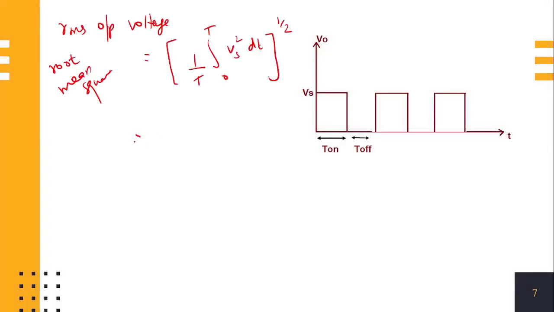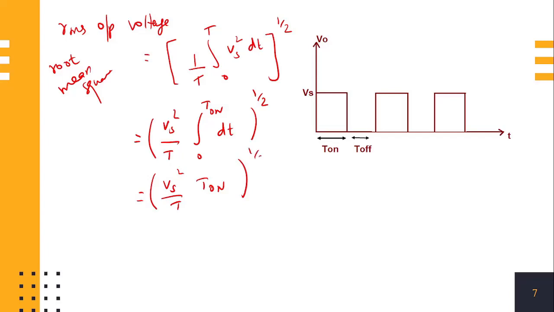Now simplifying this integration, we take Vs square divided by T. The integration reduces to 0 to T on, dt, so that is equal to Vs square by T, and when we simplify this integration we have T on, the whole to the power 1 by 2. When we take the square root, Vs is outside, and this 1 by 2 power is the square root of T on by T. T on by T is nothing but alpha.